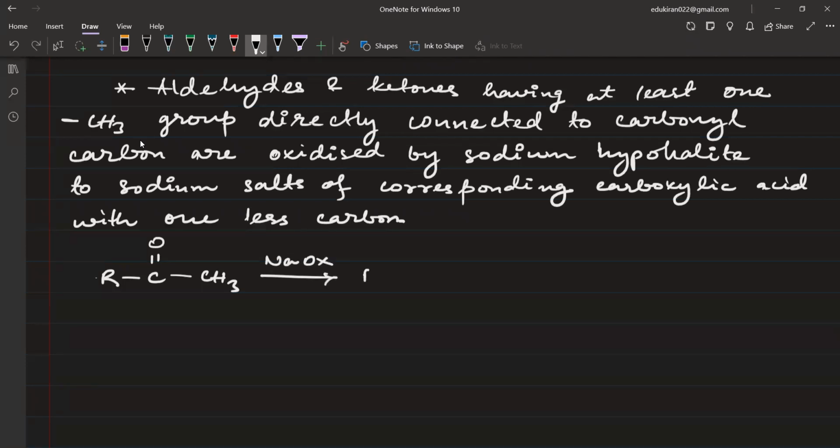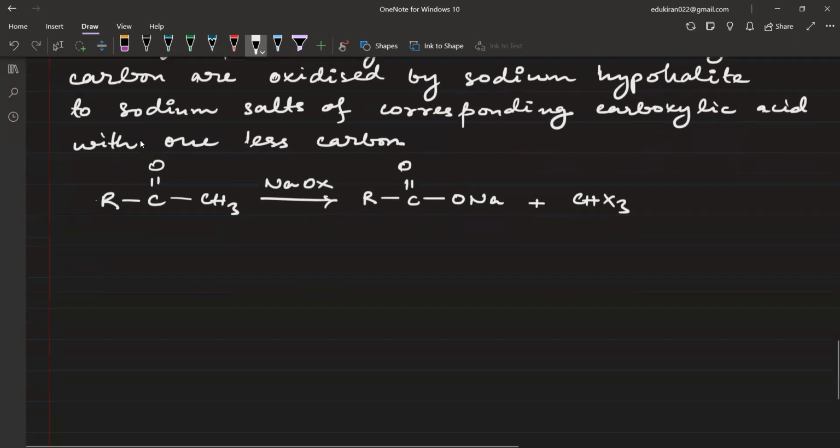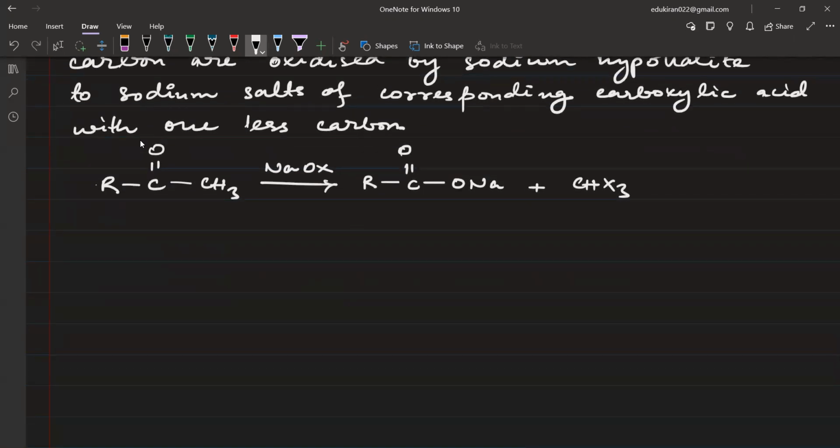It is going to give you R, C double bond O, ONa plus CHX3. CHX3 is the general representation of a haloform. If I use chlorine, I will get CHCl3. If I use sodium hypoiodite, I get iodoform. Even if you have a double bond or something like that, this still works.